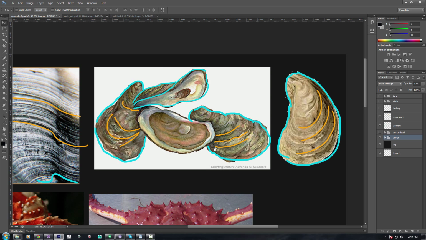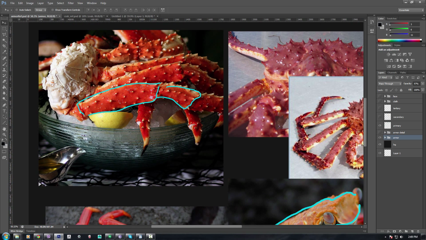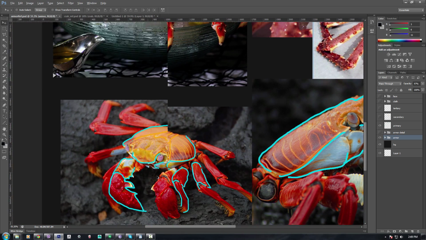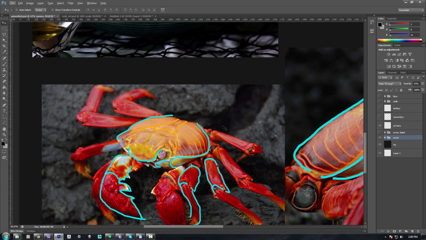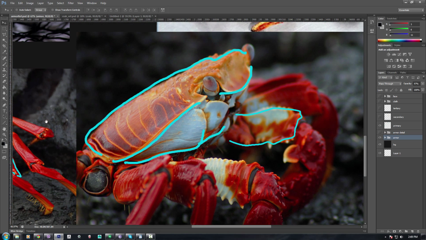So mostly the primary forms affect the silhouette of any sort of object. They're almost like the outline of any object. You can also see that even if the image is blurred, you can see all these forms.